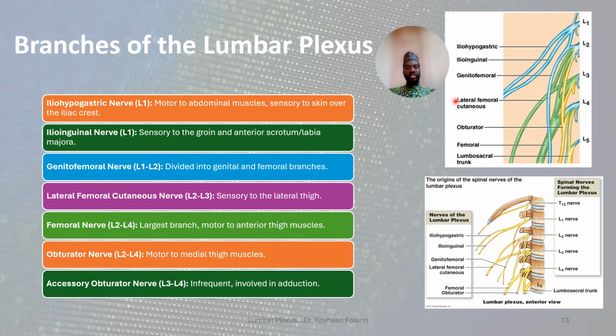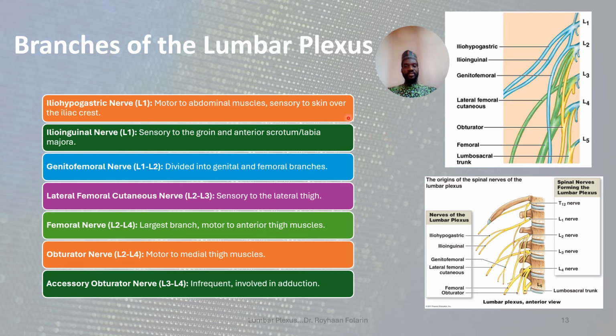Ilio is referring to the skin over the iliac crest, from which it transmits sensory impulses, and hypogastrum. The hypogastrum is the part of the anterior abdominal wall that is inferior to the umbilicus. So that's the hypogastric region. Remember the nine regions of the abdomen.